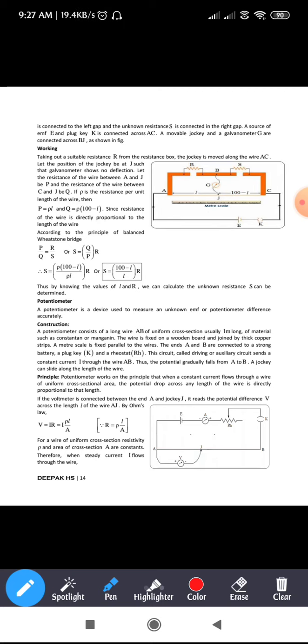But when you connect the potentiometer, it doesn't draw any current from the circuit. Hence the value shown by the potentiometer is the accurate value.